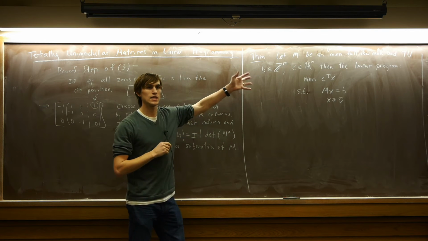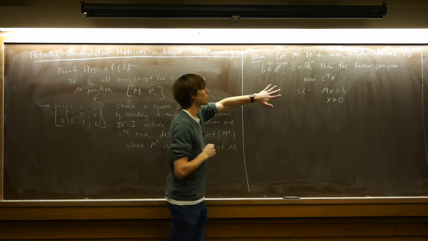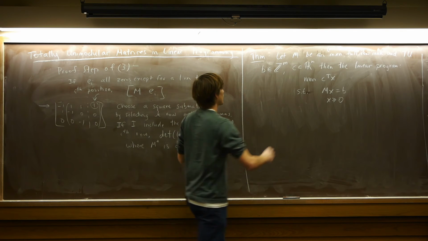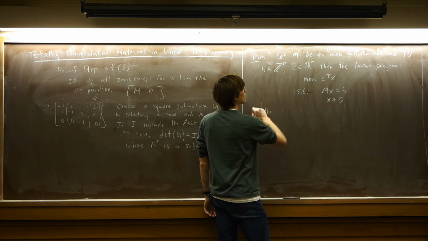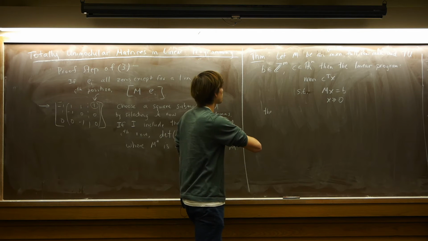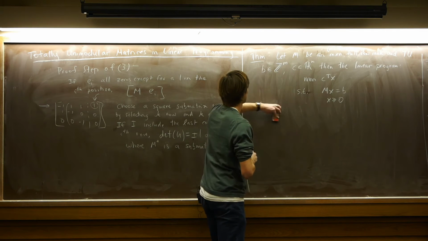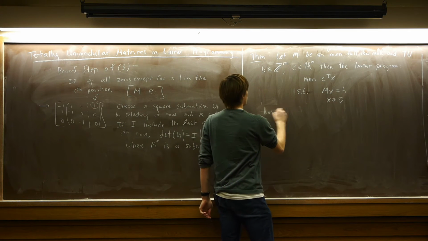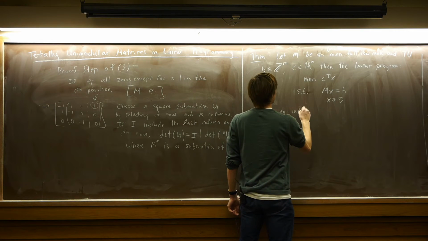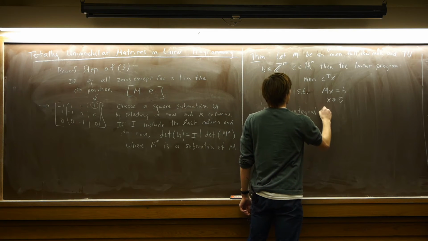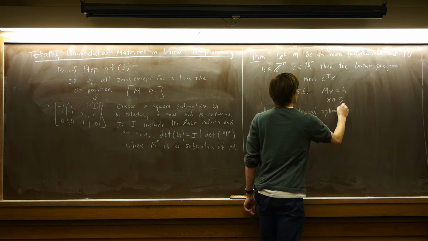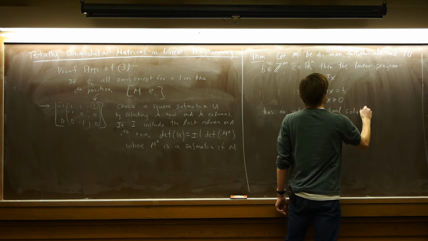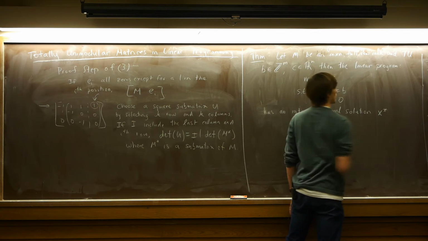Then if I have this set up, this is just a standard form of a linear program. So how do I word this? Then the linear program has an integral optimal solution. Let's call it X star.